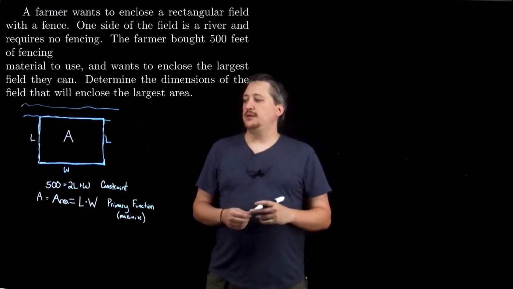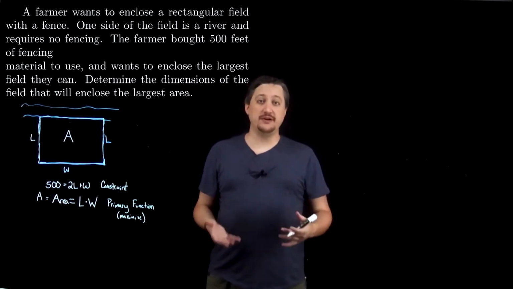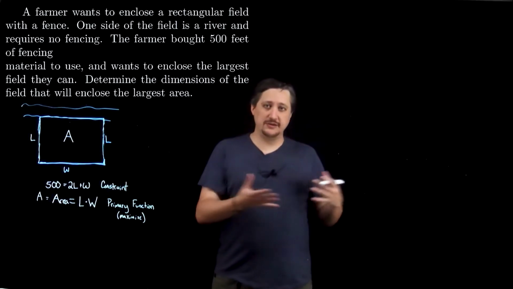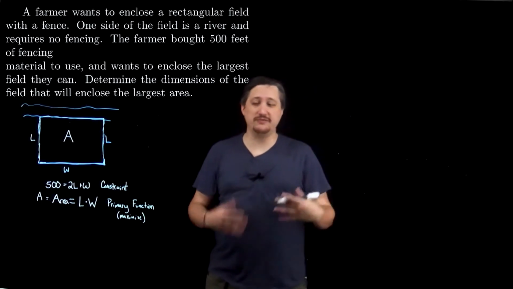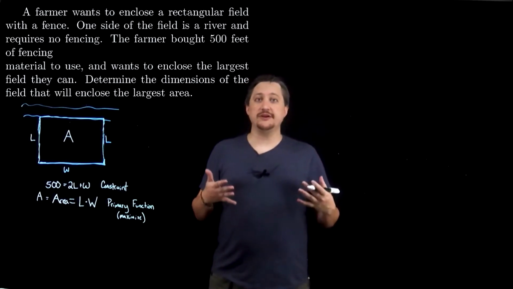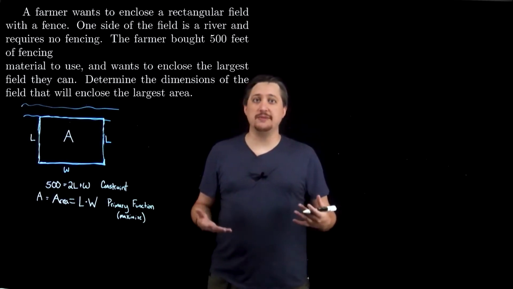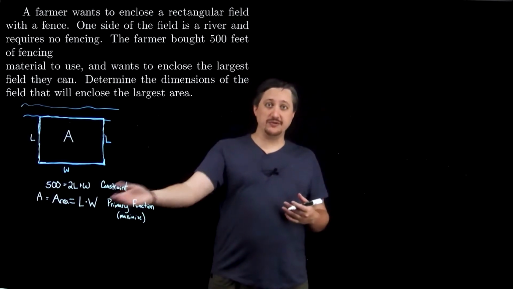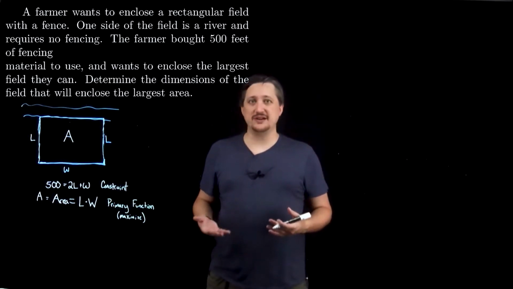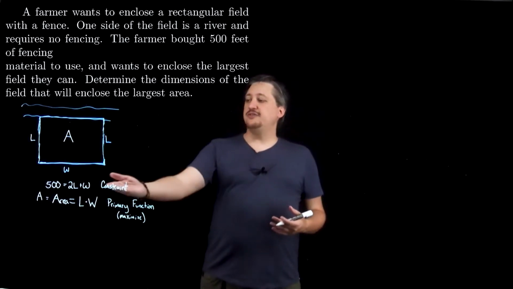Okay, well, if A was just a function of L alone or of W alone, not both, I could use a derivative and find a local max or a global max. But unfortunately, I have two variables, and I don't really know how to deal with two variables, at least not yet. But I do have this other equation.